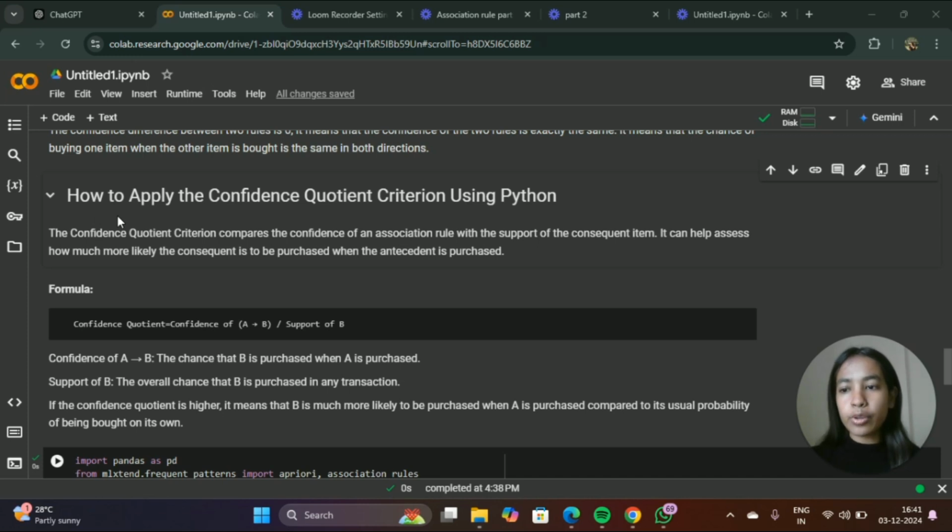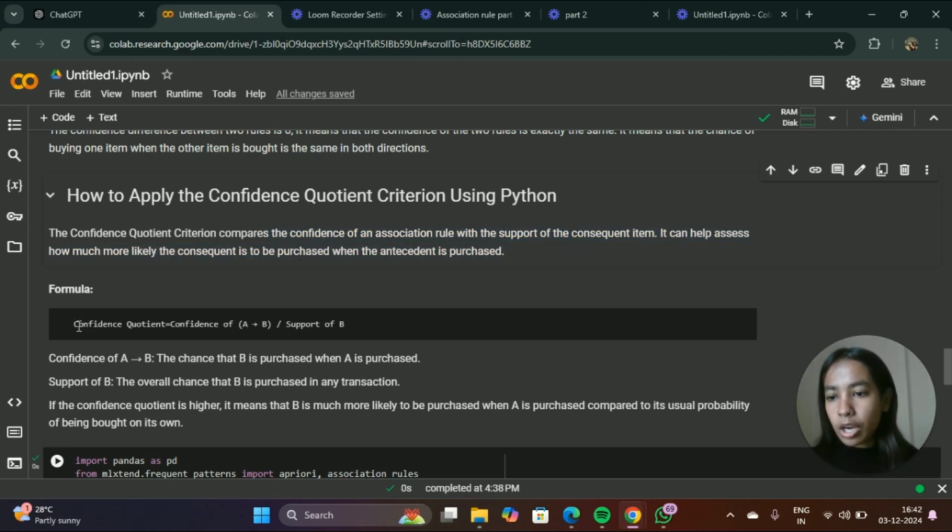Now we are going to look at how to apply the confidence quotient criteria using Python. The confidence quotient criteria compares the confidence of an association rule with the support of the consequent item. It helps assess how much more likely the consequent is to be purchased when the antecedent is purchased.